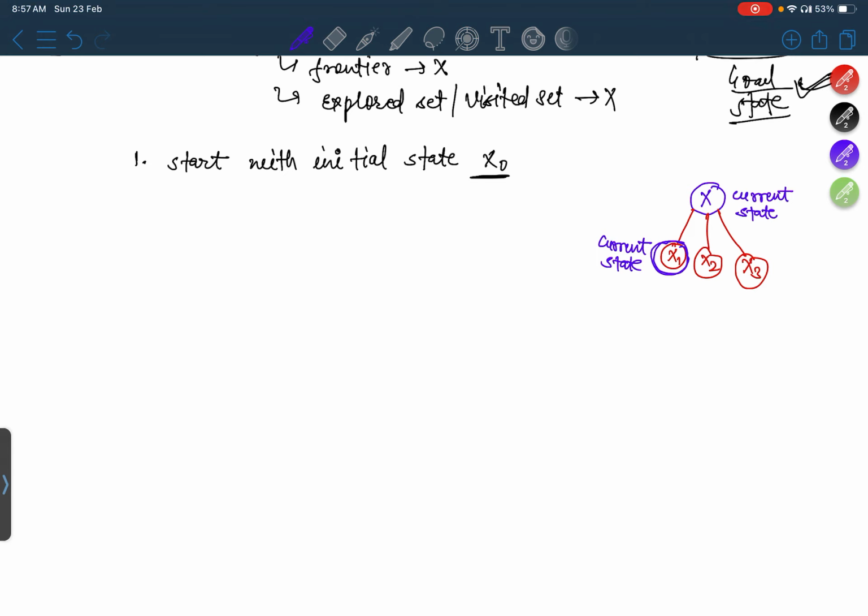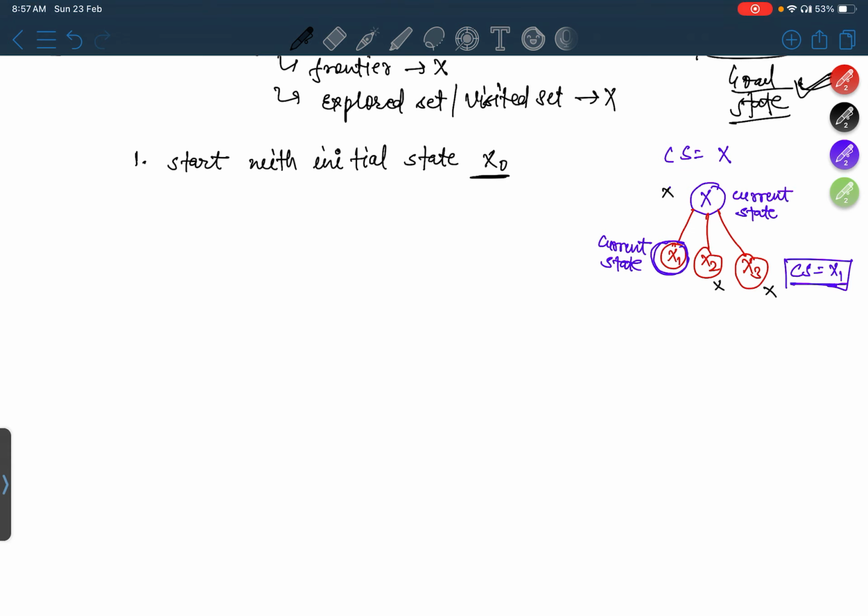So if current state was a variable that earlier held x, now the current state is a variable in which x1 is stored. That's it. So now the algorithm doesn't have any memory of the previous states. No memory is stored of those, so the algorithm doesn't even know about anything else.